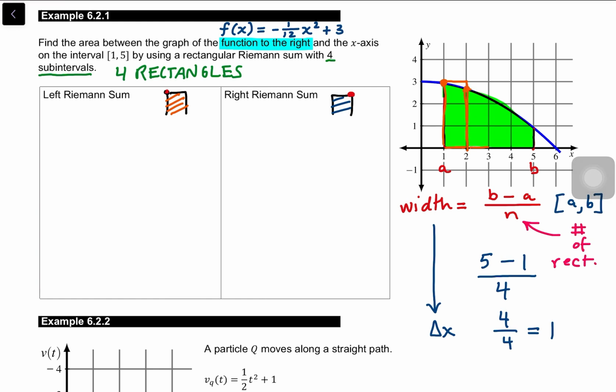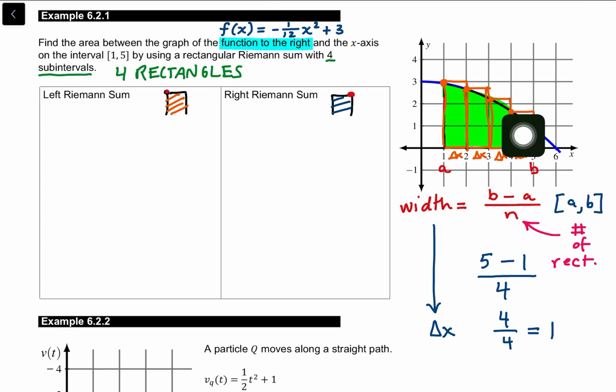I come up at the left endpoint, go across, and then come down. There's my other rectangle. Again, delta x is going to be the width of each one of these rectangles, delta x, delta x, delta x. In this case, they're all 1, and we just keep going, drawing the rest of the rectangles. And that is what's called a left Riemann sum.